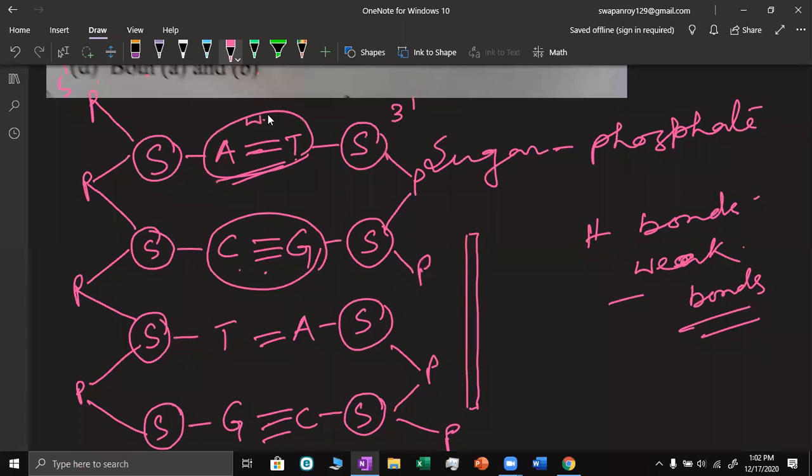This is weak and this is strong, because here they are joined by 3 hydrogen bonds, and here by 2 hydrogen bonds.